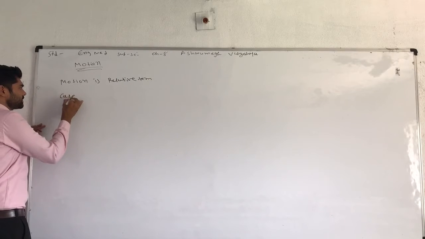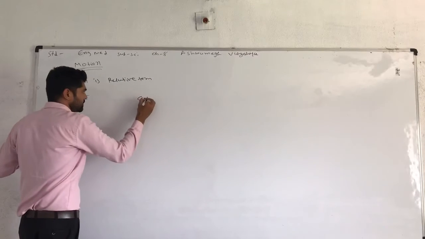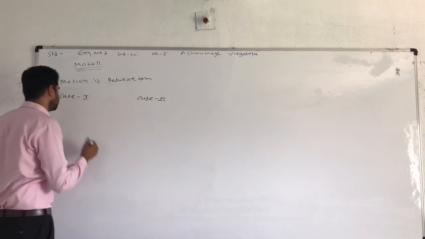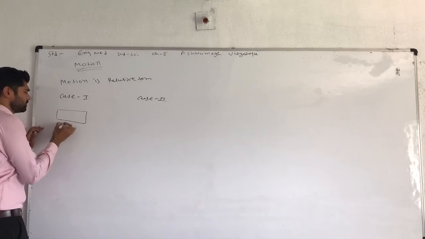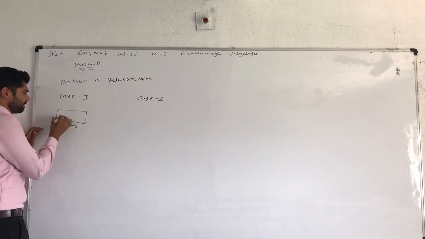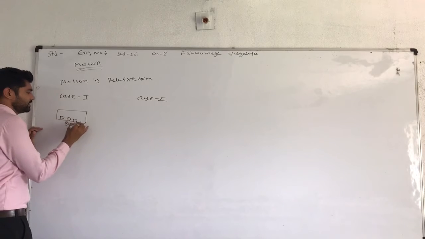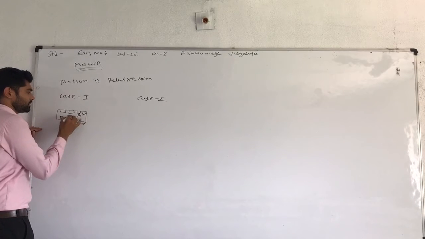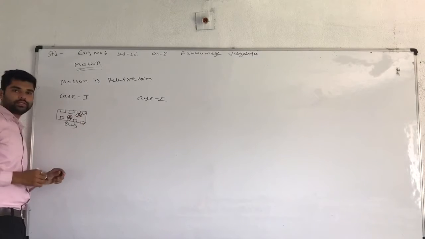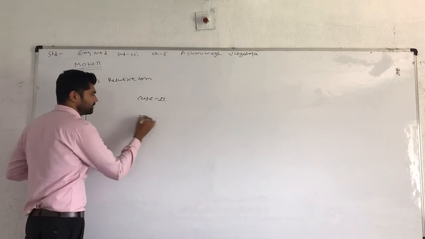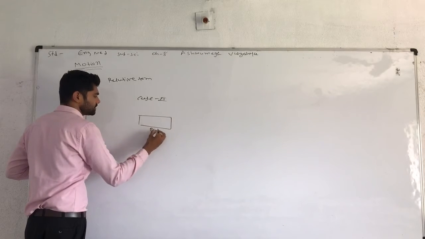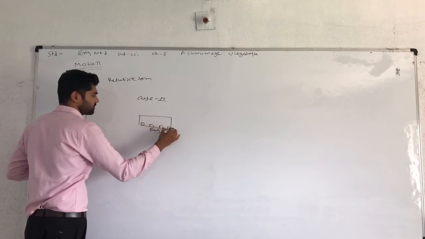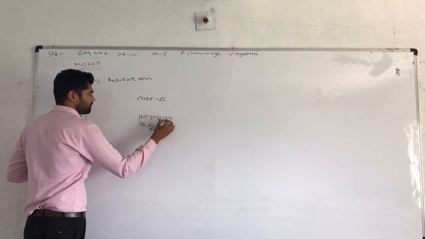Now case 1 and case 2. Here all the persons can be seen, person A and person B, and in a similar case, the same.